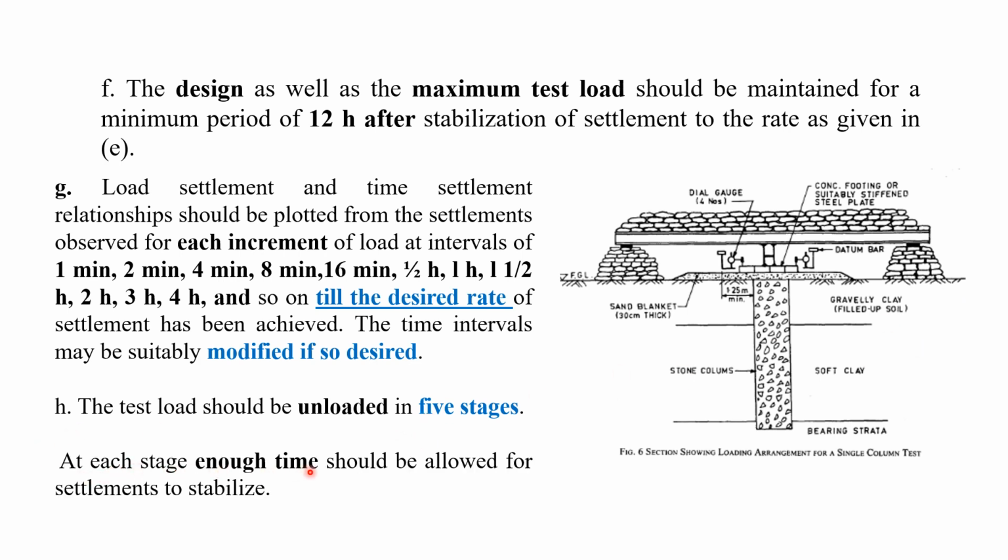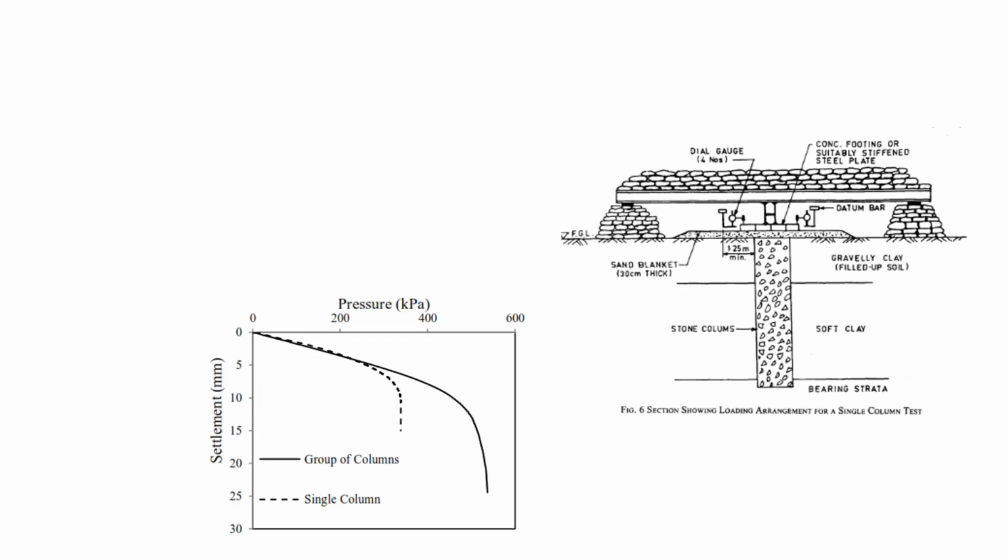At each stage, enough time should be allowed for settlement to stabilize. Every time we have to take care of the stabilization, so at each stage we have to give enough time to stabilize the settlements.